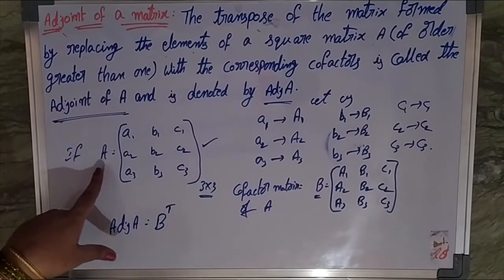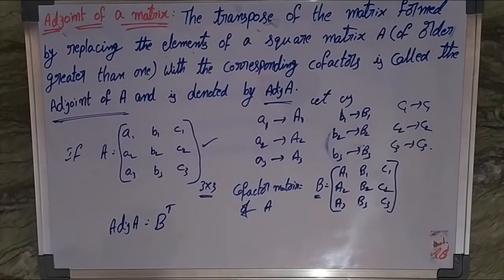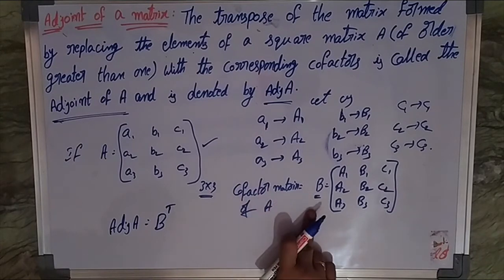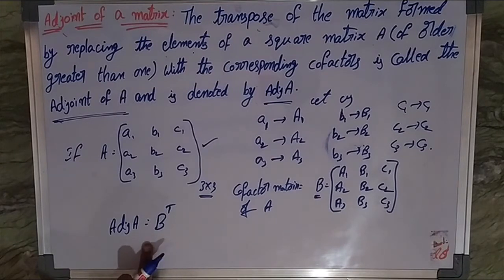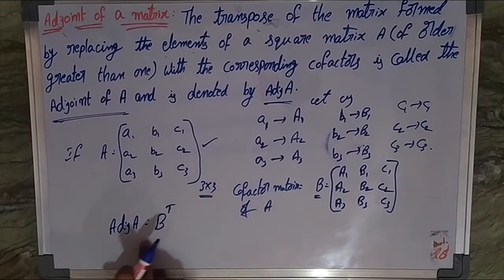If it is, then we find the cofactor of each element and form the cofactor matrix of A. Let it be B. That cofactor matrix transpose is called the adjoint of A.